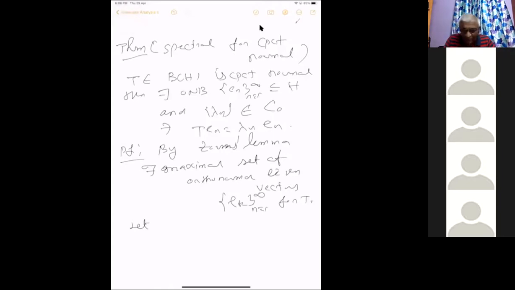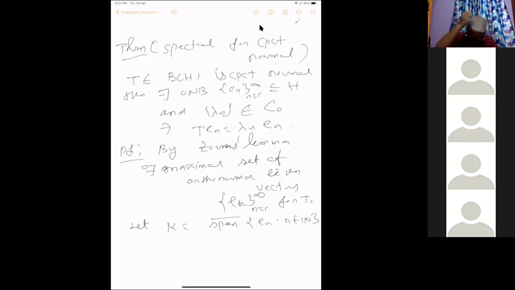Let K equal the closure of the span of all these e_n. We have to prove that K is equal to H. We want to prove that the e_n form an orthonormal basis, and then we are done.